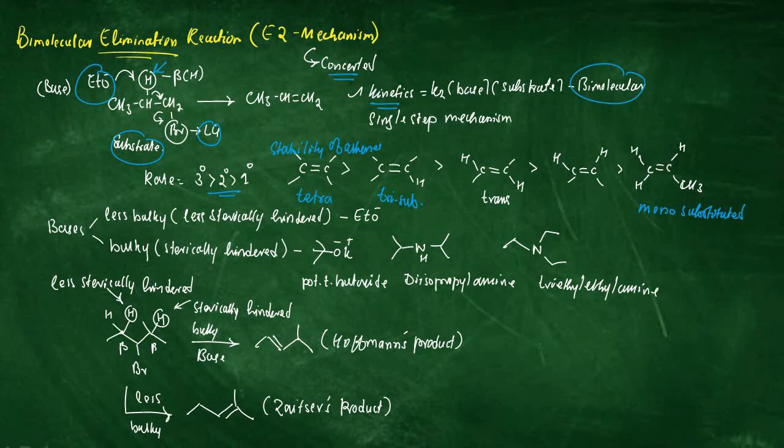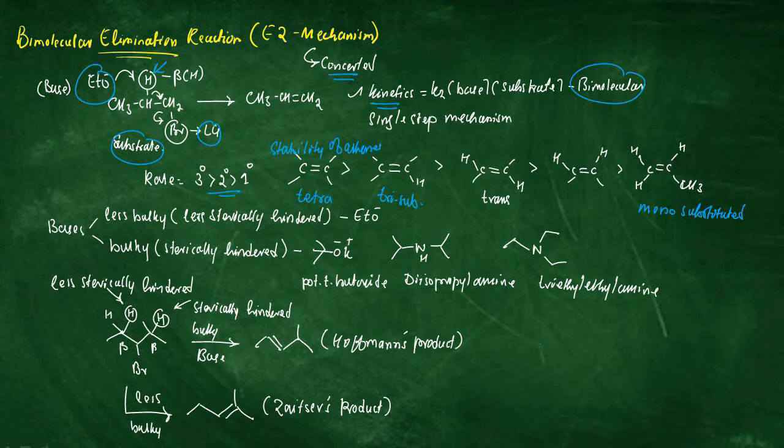substituted alkene. When we talk of stability of alkene, basically we usually refer to interaction of alkyl group with the sp2 hybridized or unhybridized orbital of the pi bond, and this interaction stabilizes the pi electronic cloud or the double bond.